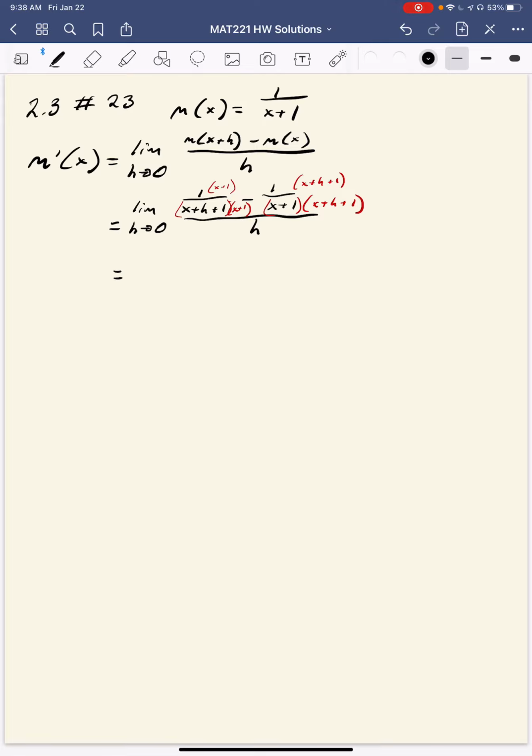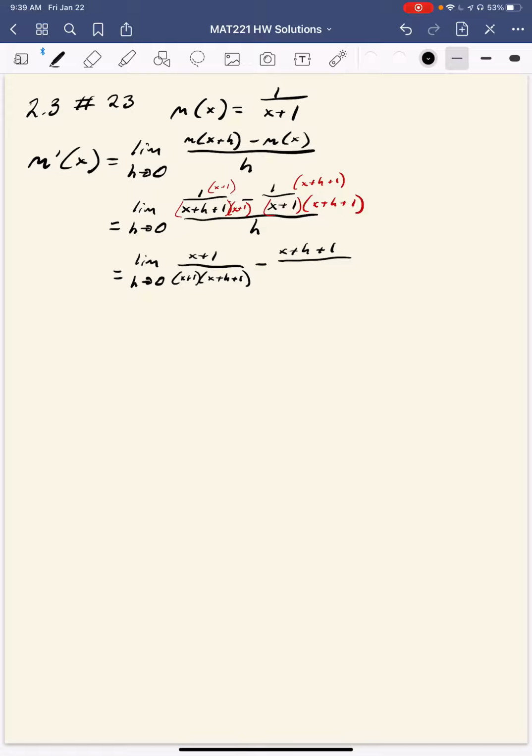So I end up with the limit as h approaches 0 of x plus 1 all over x plus h plus 1 minus x plus h plus 1. Oops, sorry, missed something here in my denominator, didn't I? This is not just x plus h plus 1, but x plus 1 times x plus h plus 1.